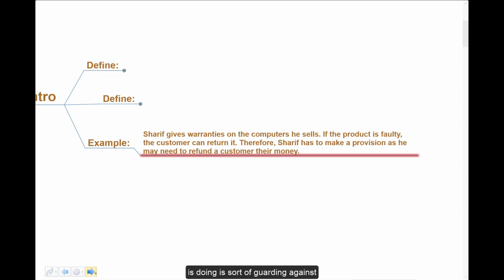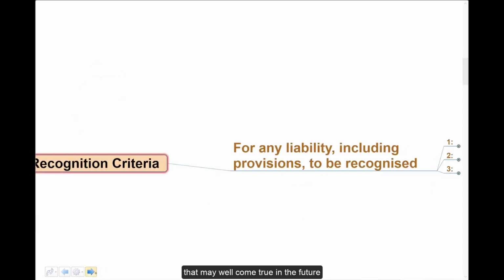So all he is doing is guarding against that by making a provision of some kind within his accounts, possibly for a considerable amount, possibly for a proportion, or indeed a percentage. So in terms of provisions, first off, let's just say that what we're trying to do is to create a liability in relation to an obligation that may well come true in the future.